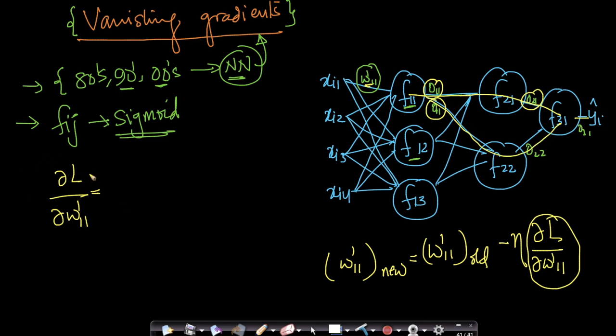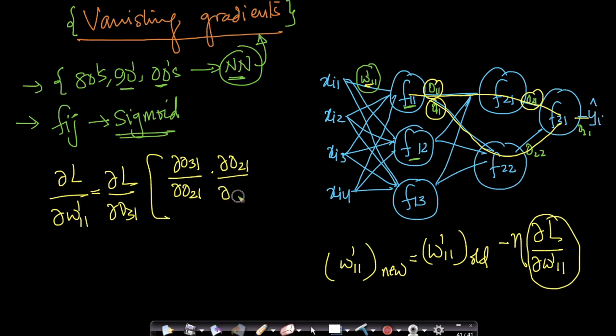So I can quickly write this as derivative of L with respect to O31, because O31 is nothing but my yi hat, multiplied by derivative of O31 with respect to O21, multiplied by derivative of O21 with respect to O11, multiplied by derivative of O11 with respect to W111. I'm just doing this path. We have seen how to compute this.